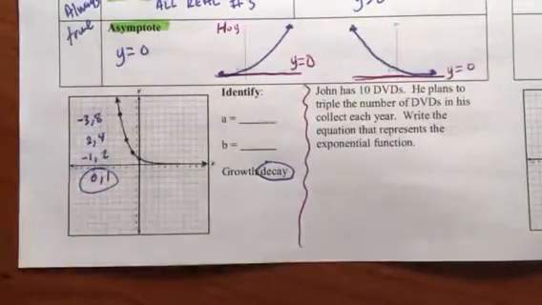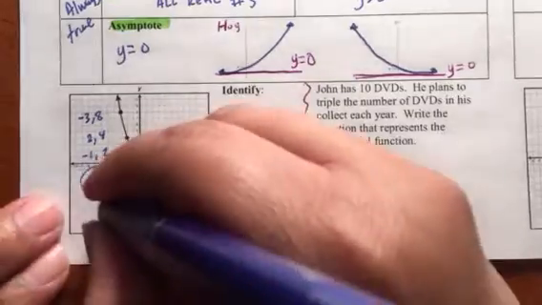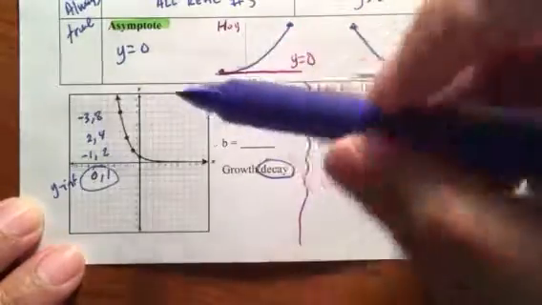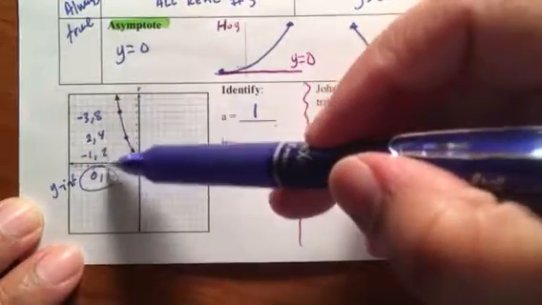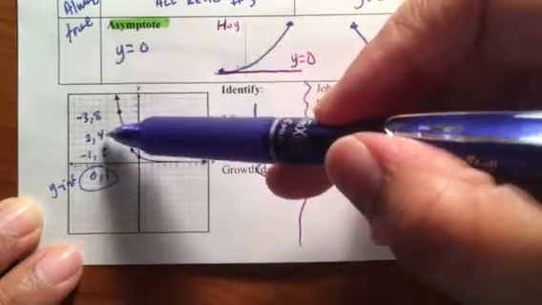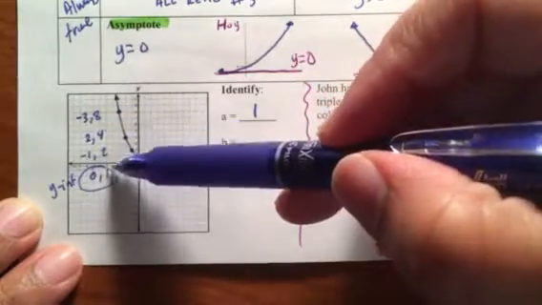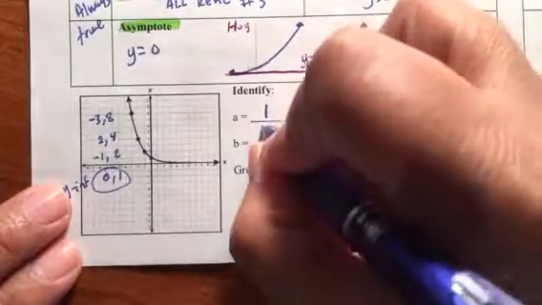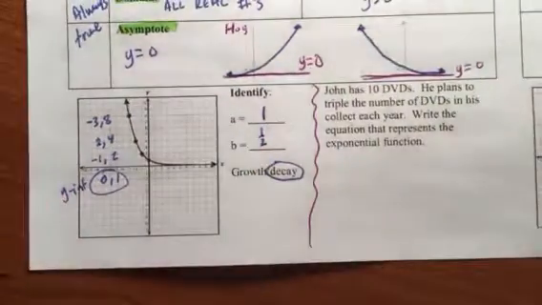That's what I need. So there's my a. That's my y-intercept, or my a. So that's 1. If you look, how is that changing? Well, what's 8 to 4 and 4 to 2 and 2 to 1? Isn't that half of it? So if it's half of it, well, that's the b. 1/2.